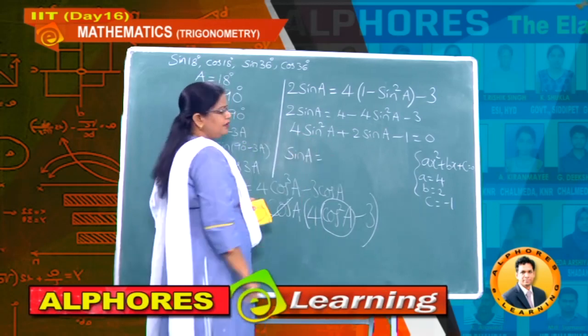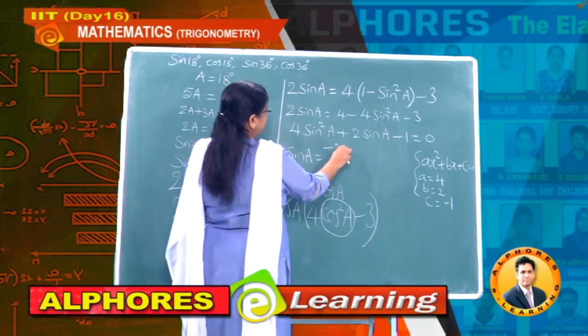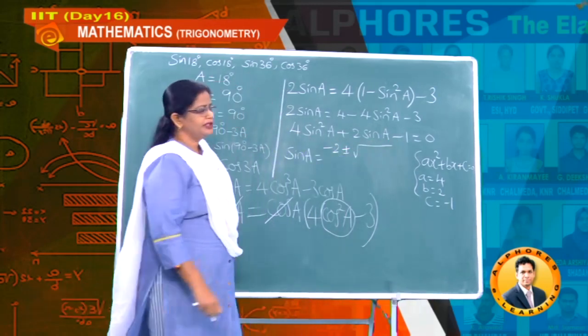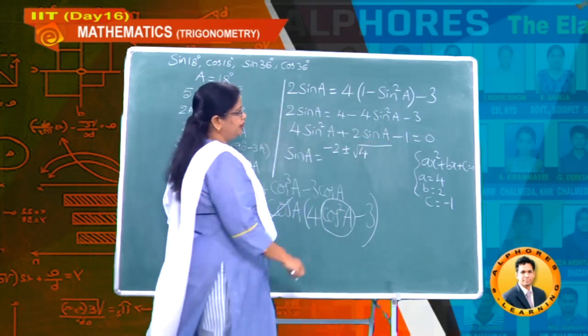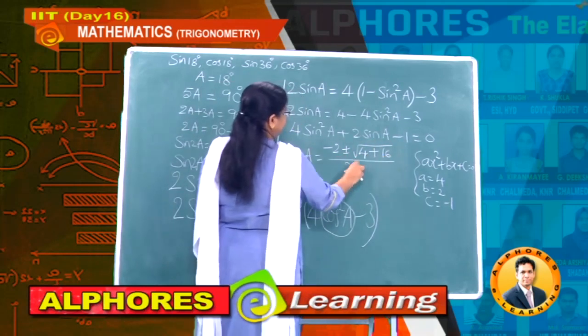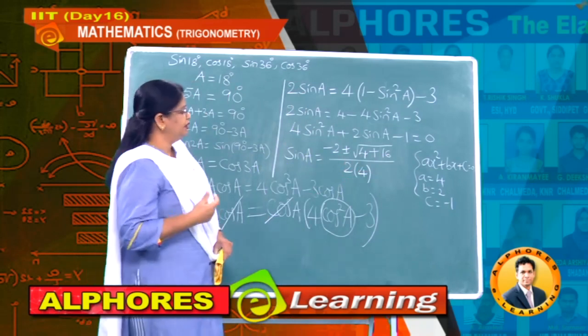So this is our variable, minus b implies minus 2 plus or minus under root of b square, that is 4, minus 4ac, so here it will be plus 16, divided by 2a, 2 into 4. Okay, students. So in this way you got the value.